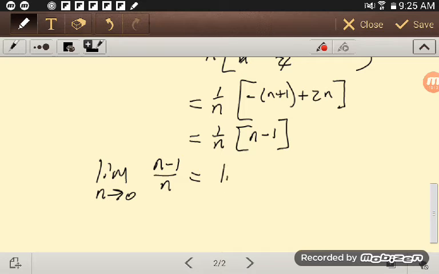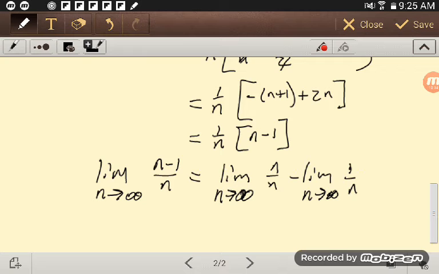Well, that's just the limit as n goes to infinity of n over n minus the limit as n goes to infinity of 1 over n. Well, this first one is 1, the second one is 0, so I get 1.